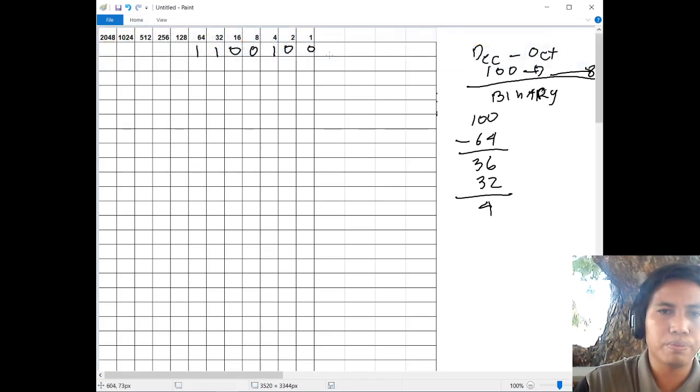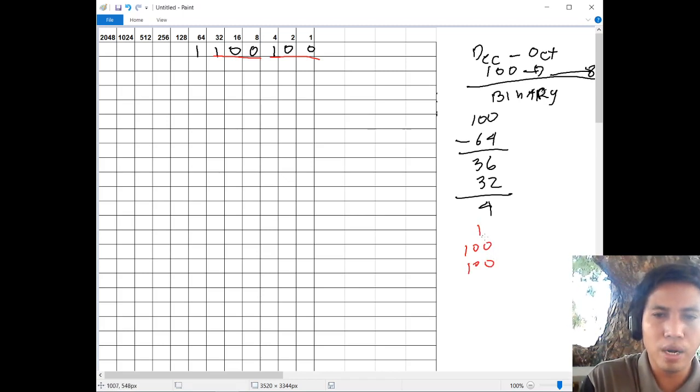Now, to convert that into octal, we just need to group it by 3, because a digit of octal is equivalent to 3 bits. Okay? So if we group that, it is 1, then 100, then 100.